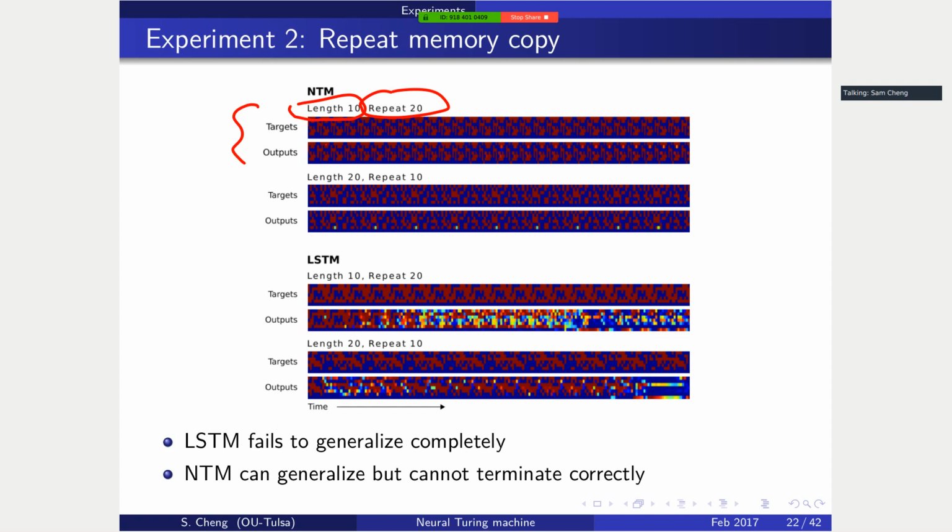And for NTM it generalized well: when it tries to repeat 20 times it works well, and also when you extend to a block of length 20 and repeat 10 times, it works pretty well also, even though there's a mistake here. And for LSTM again it doesn't work; when you generalize it just doesn't work.